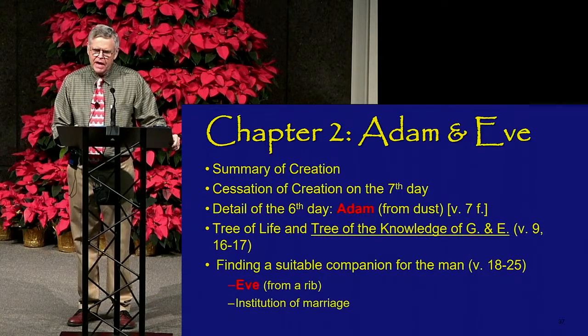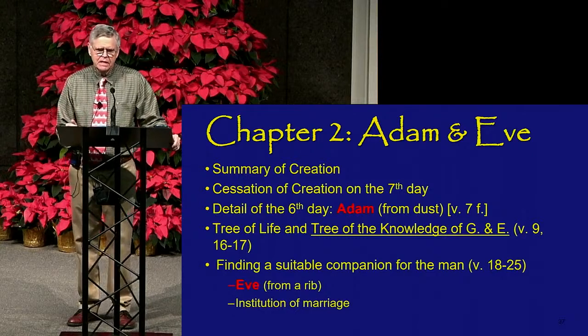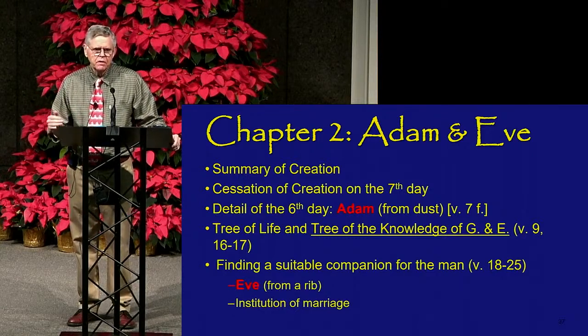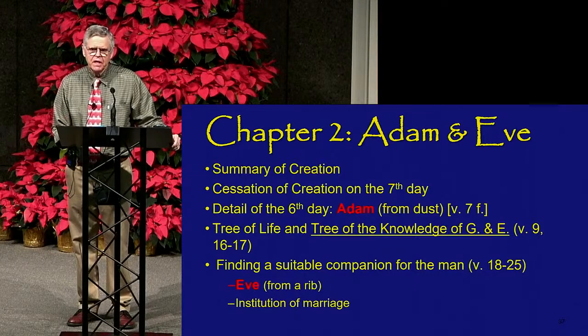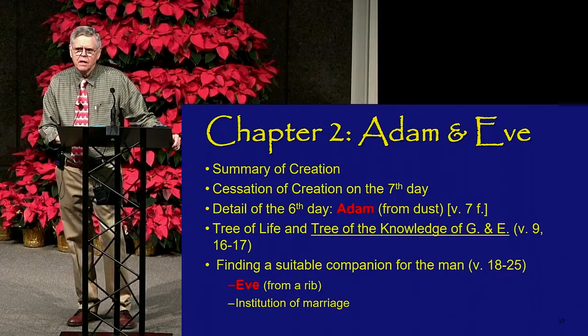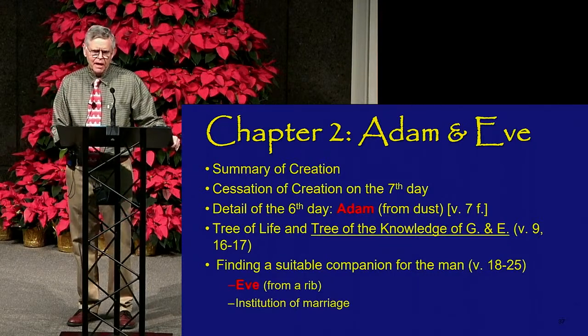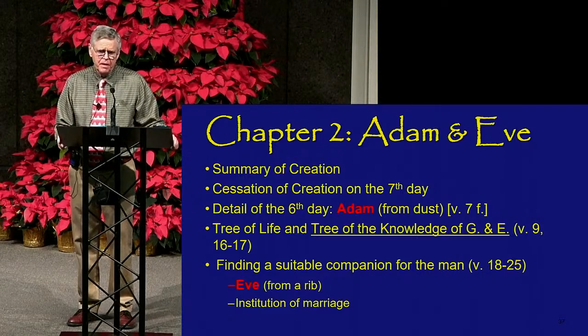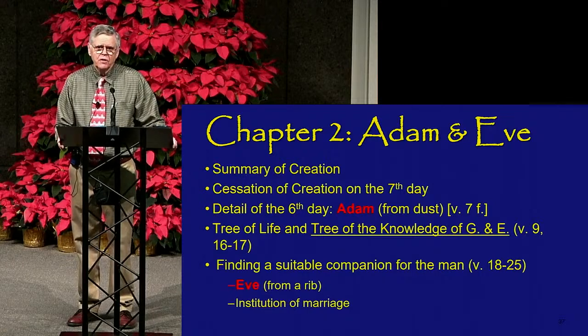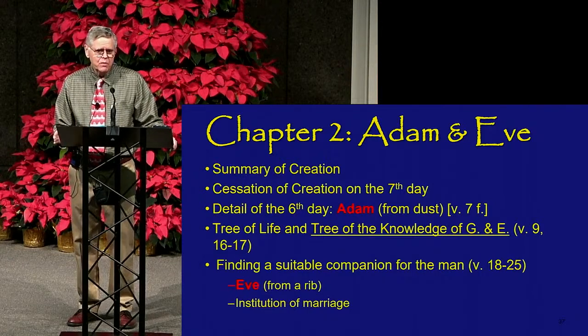I figure if Adam and Eve hadn't sinned, then they probably would have sinned later, and if they hadn't, sooner or later one of their descendants probably would have chosen to disobey God. So I think it was almost eventual. And so I wonder, if God created man knowing that man would sin someday, why did he do it?